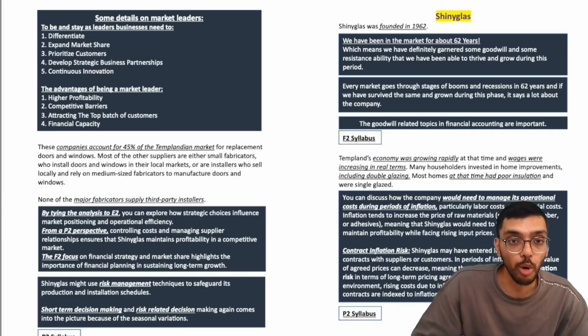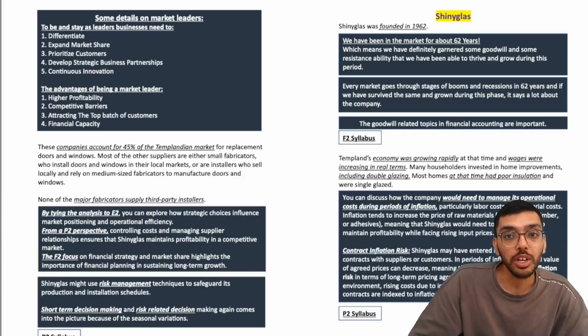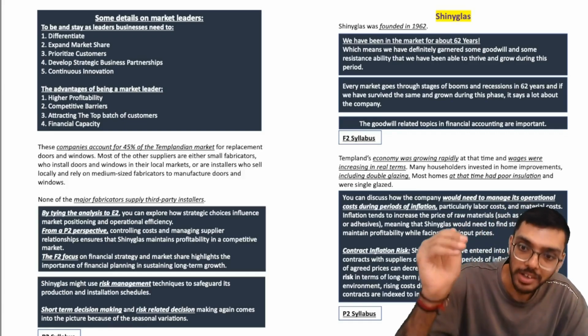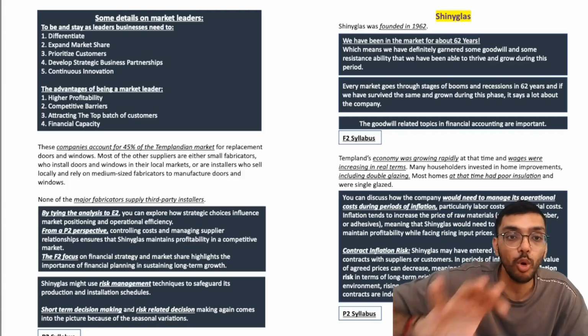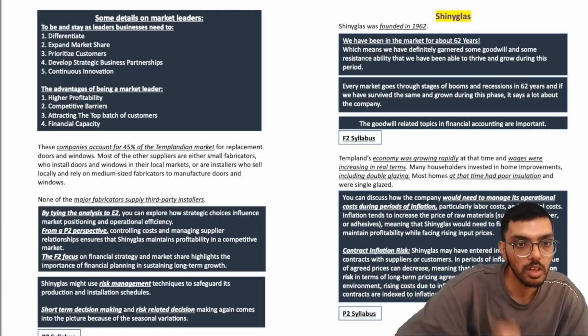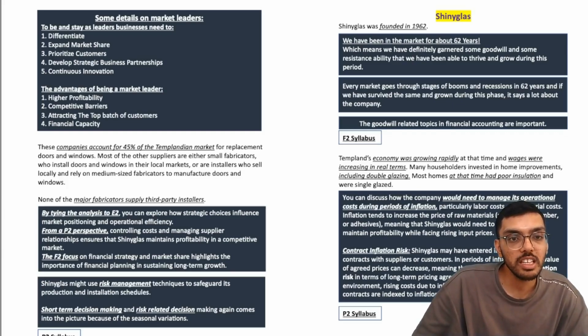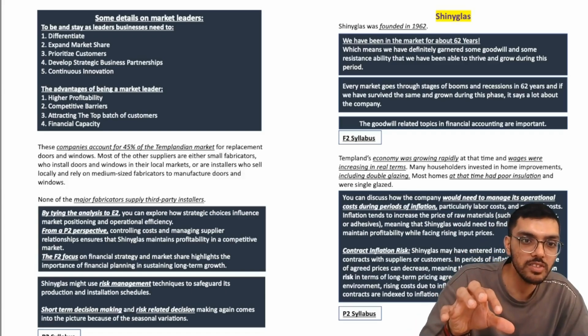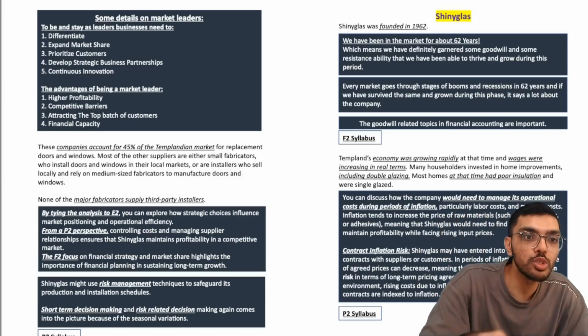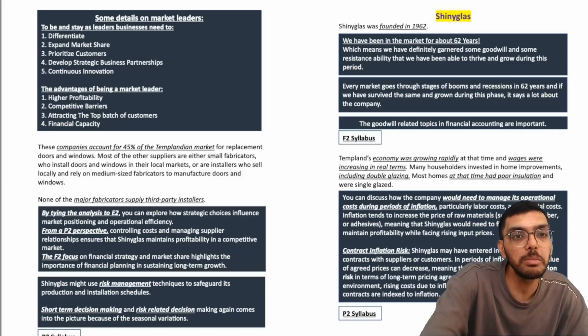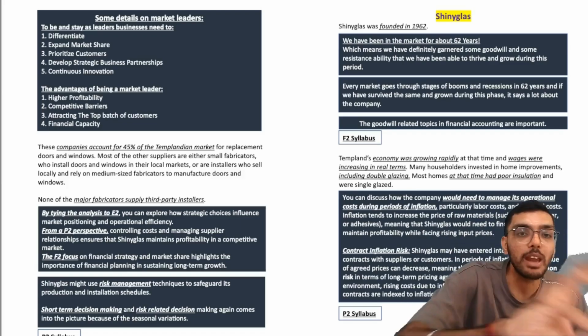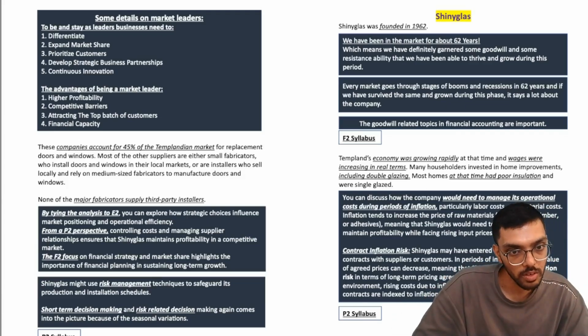These 4 companies that we spoke about account for 45% of the Templand market for replacement doors and windows. Most of the other suppliers are either small fabricators who install doors and windows in their local markets, or are installers who sell locally and rely on medium-sized fabricators to manufacture the doors and windows.